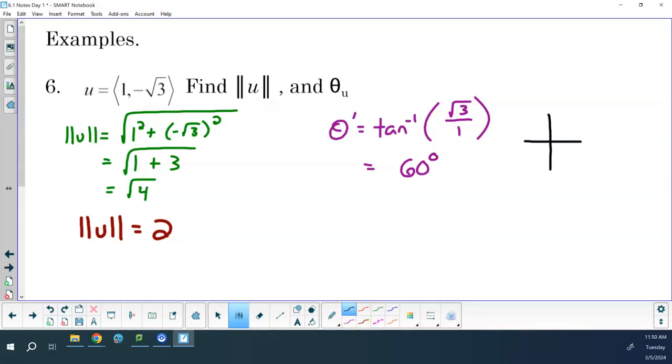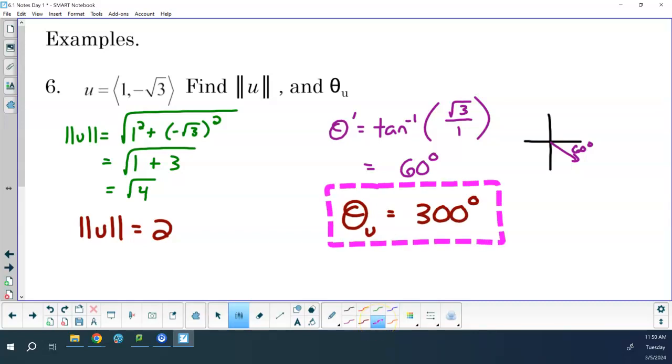Positive and negative is quadrant number 4. So that would give me a direction angle of U of 300 degrees. Agree?